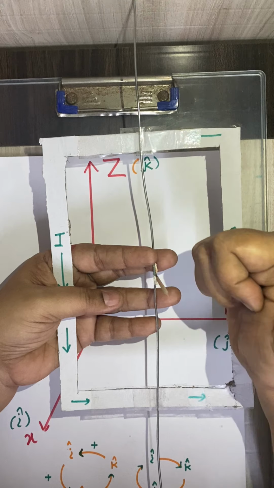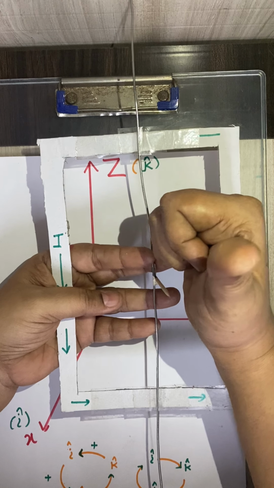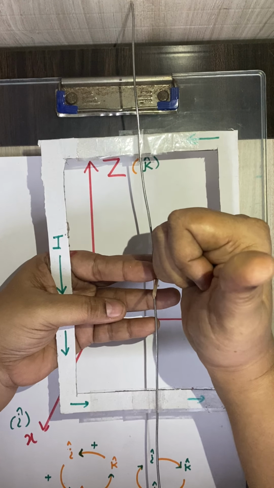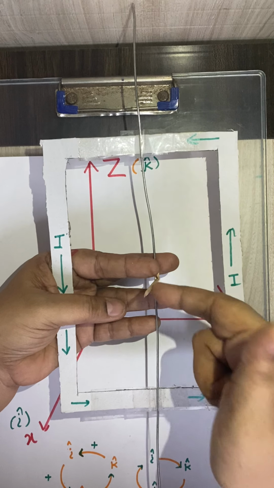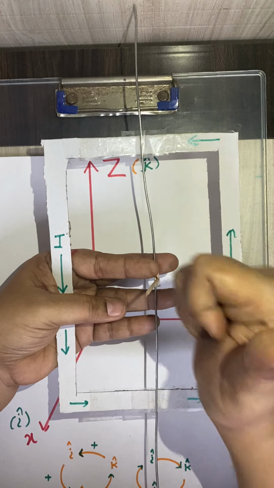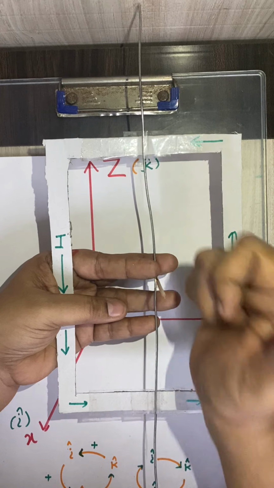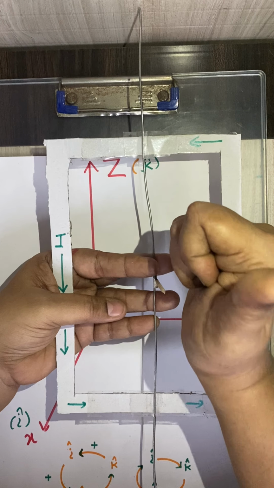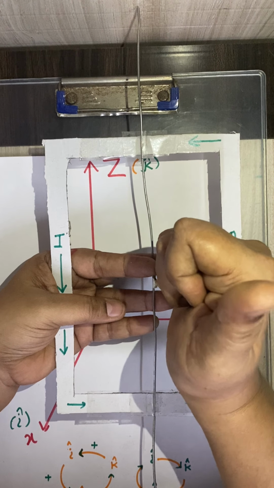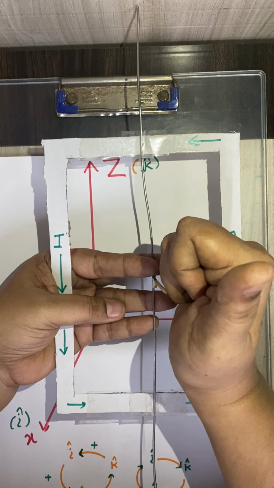Now you can see that this thumb direction is nothing but the x-axis. So the magnetic moment is acting along the x-axis.